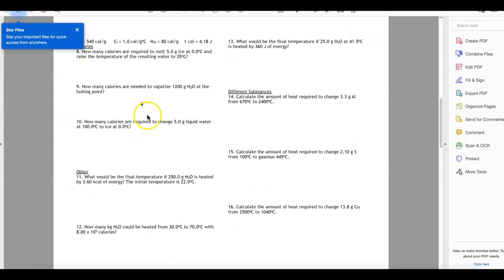I do want to talk a little bit about calories. It isn't done any different than what we've been doing. You just have to do a final conversion at the end. So I'm going to look at number 9, and then I'll show you how to, for example, set up number 11.